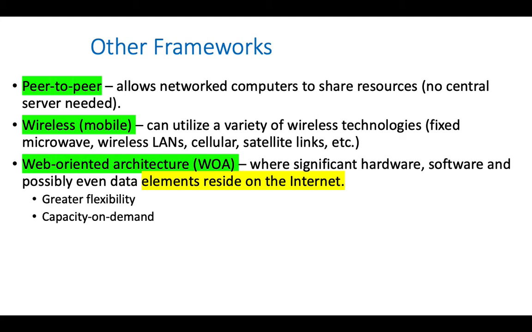We have a framework which is wireless, and you're familiar with the microwave technology, the cellular, which is what we call mobile. In the US they call it cell phone, and the satellite.